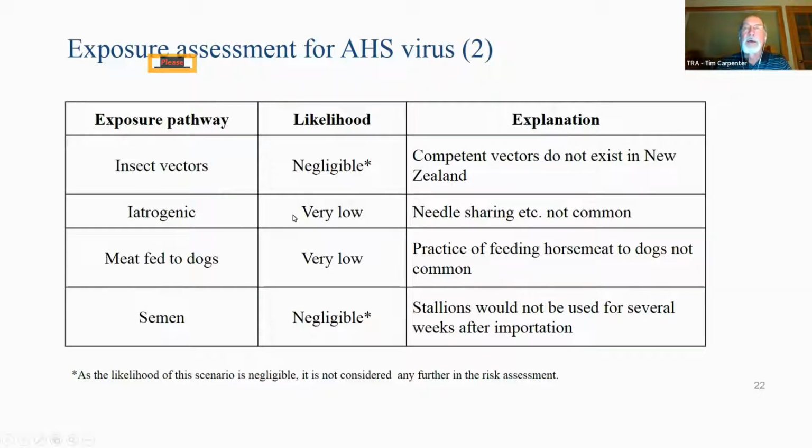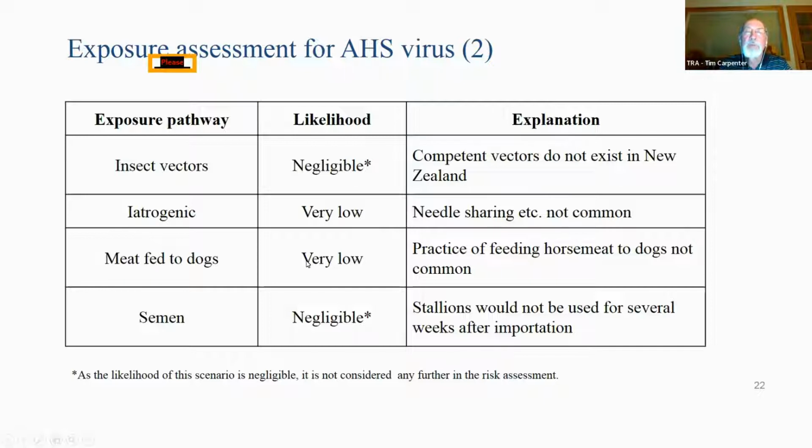Iatrogenic, it's very low because the sanitary practices of veterinarians are very good in New Zealand. Needle sharing is not common. So we'll list that as very low. We could almost say it's negligible, but for the process of the study, let's say it's very low. Meat fed to dogs, again, very low probability of that occurring.